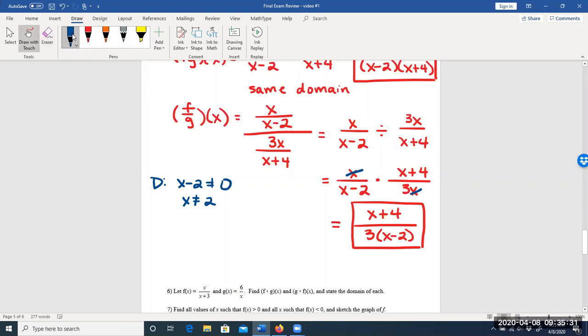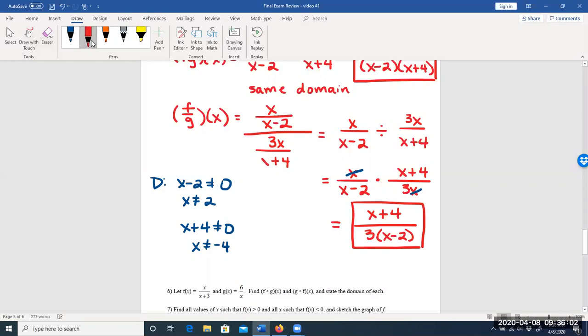Okay, I also need to make sure that x plus 4 does not equal 0. So x cannot equal negative 4, because if x is negative 4, then my denominator would be undefined because I would be dividing by 0. So that's why negative 4 needs to be removed.